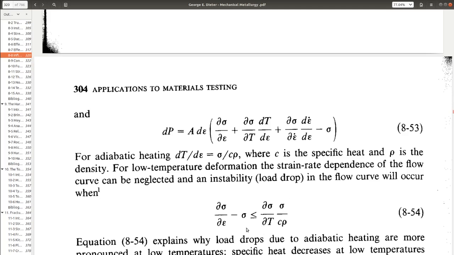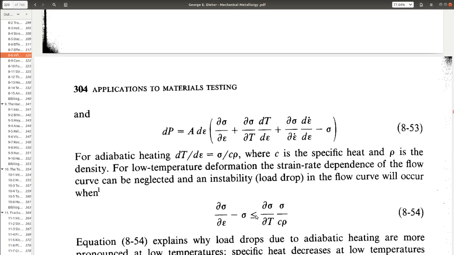Okay, so if there is no change in temperature, then what I can say is dou sigma by dou epsilon minus sigma should be equal to 0 for instability.